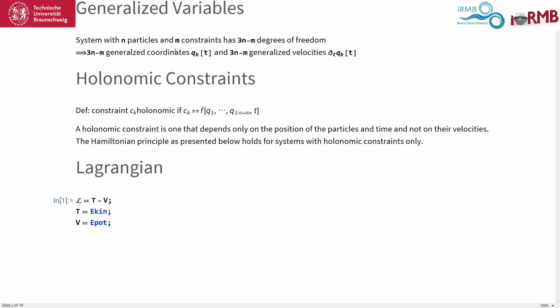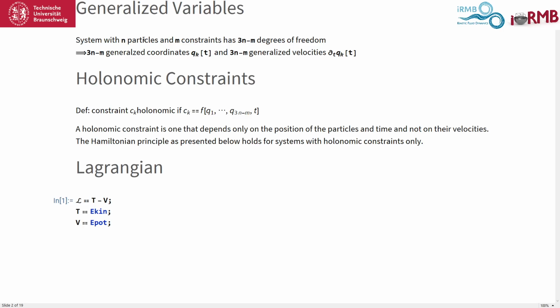However, this is not completely true because these things always come in pairs of two, right? So always two of them are constrained to stay close together, because they are bound together. So there are some constraints, and the number of constraints is denoted by m.